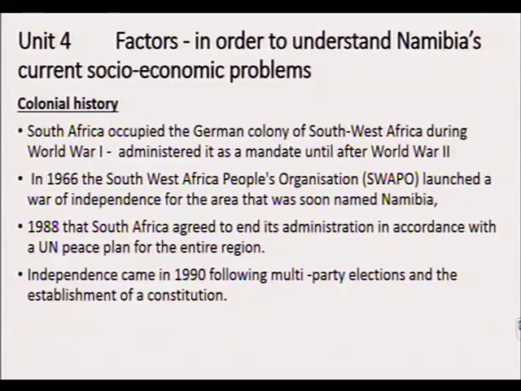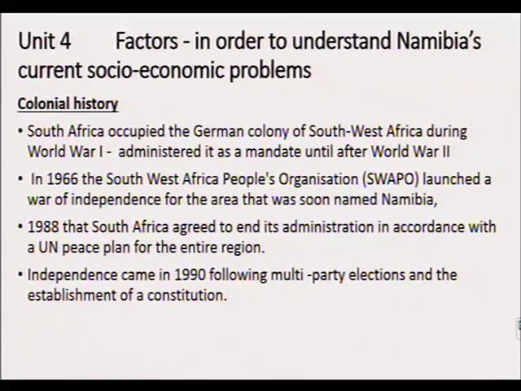In 1966, the Southwest Africa People's Organization, SWAPO as we know it, launched a war of independence for the area that was soon to be named Namibia. In 1988, South Africa agreed to end its administration in accordance with a UN peace plan for the entire region.